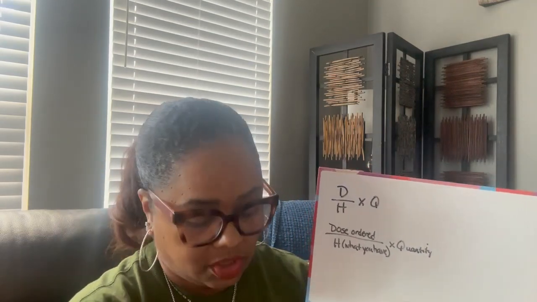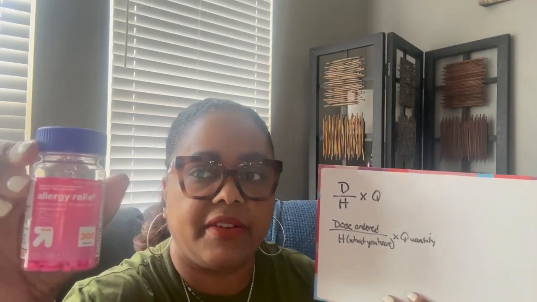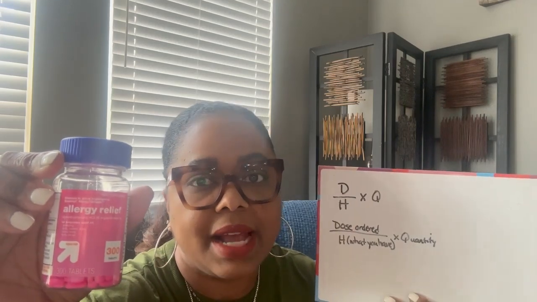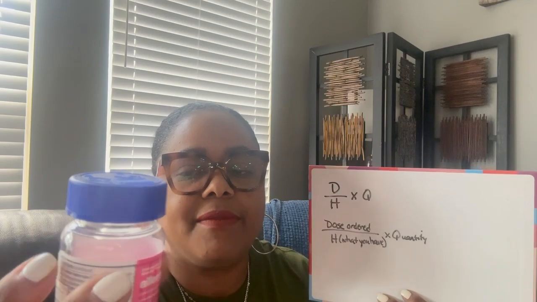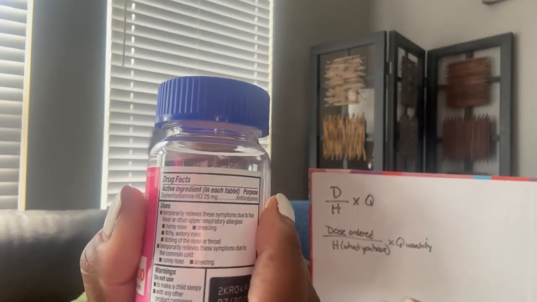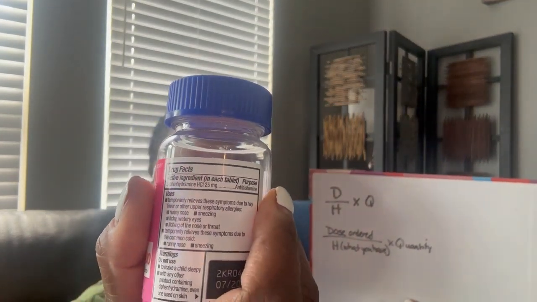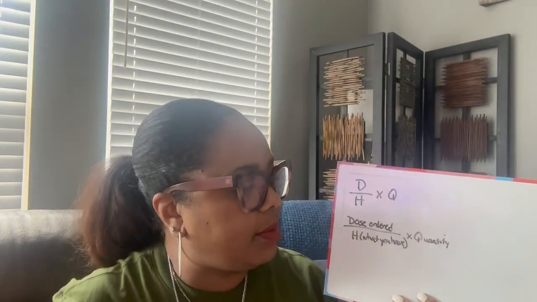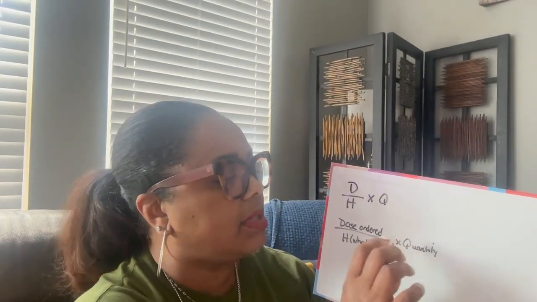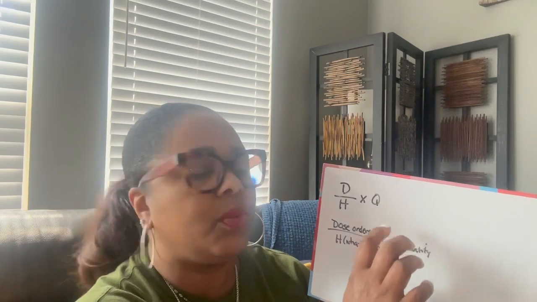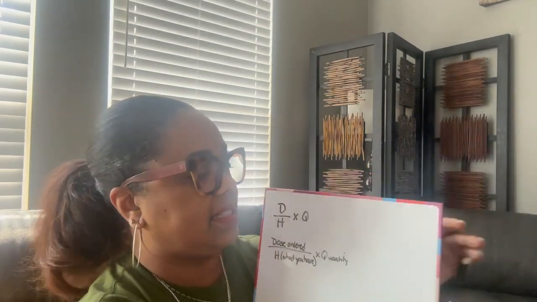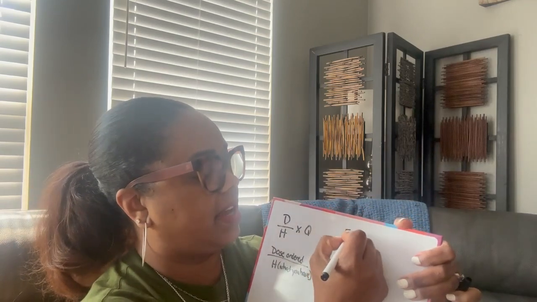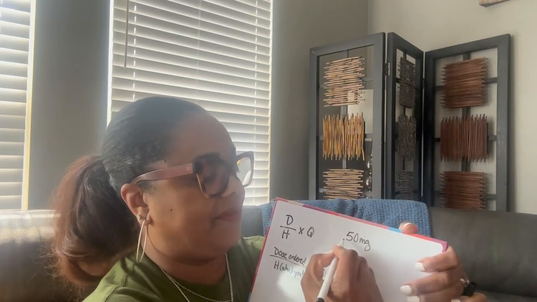So it's going to be dose ordered over what you have on hand times quantity. Quantity is, so this right here, we're using my generic diphenhydramine, which is otherwise known as Benadryl. This says 25 milligrams in each tablet. I don't know if you can see that without it getting blurry. So the quantity would be one tablet in this case. So for example, let's pretend that the doctor ordered 50 milligrams of diphenhydramine.